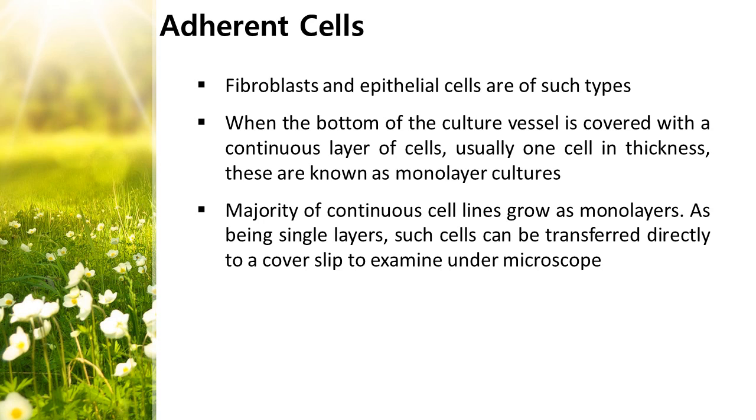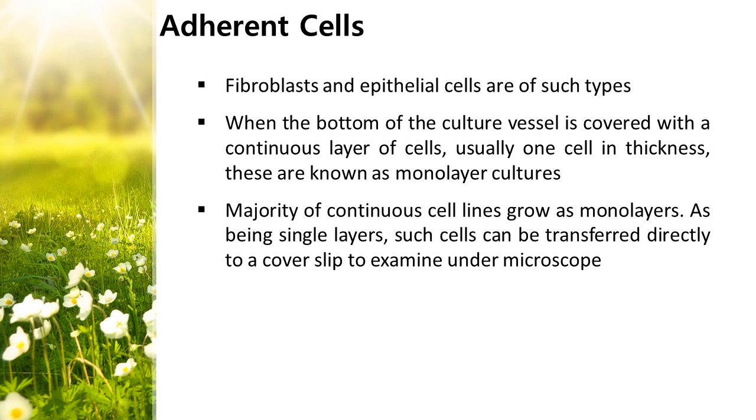If we have 10 coins and keep one over the other, we call it a pile of coins. Whereas if you arrange the 10 coins one by the side of another, like a horizontal line, the same way the adherent layers form. So this we can call a monolayer culture.